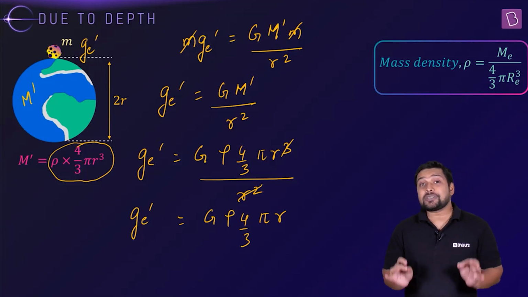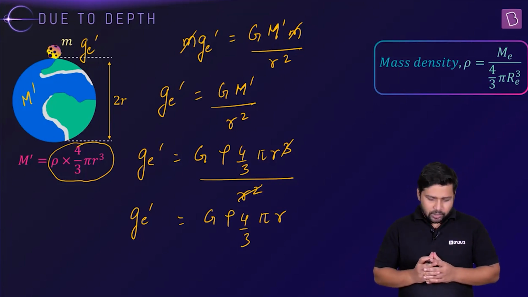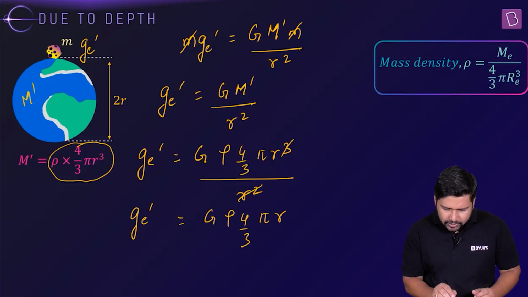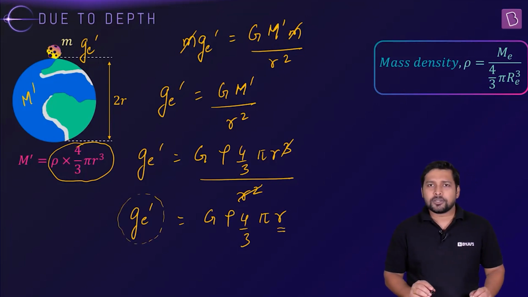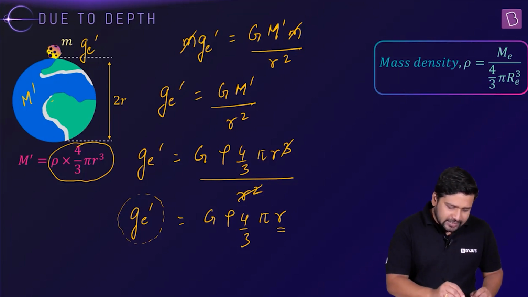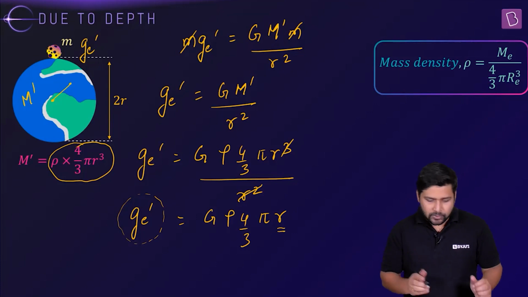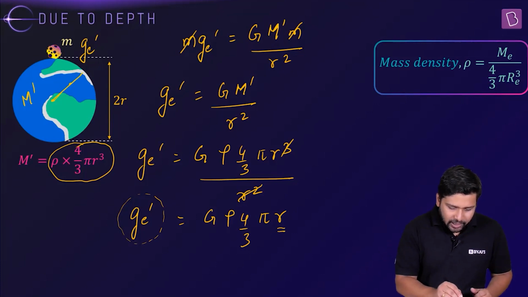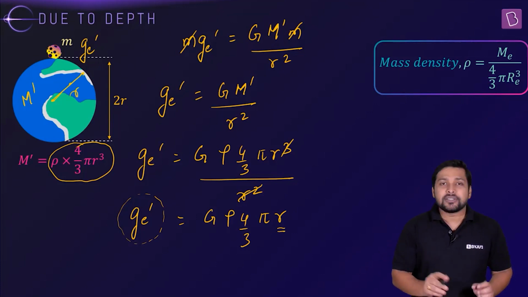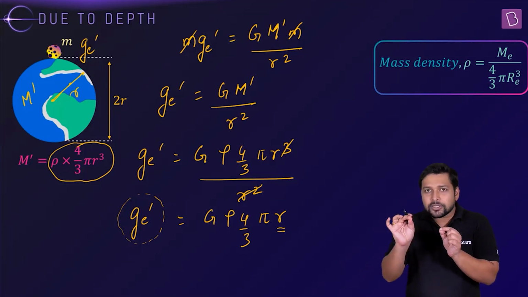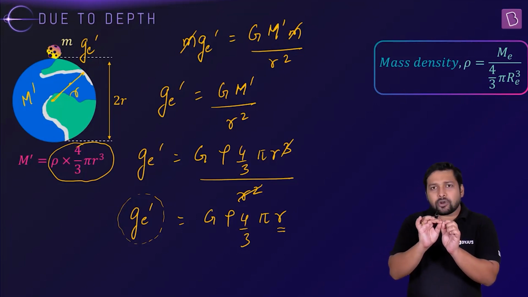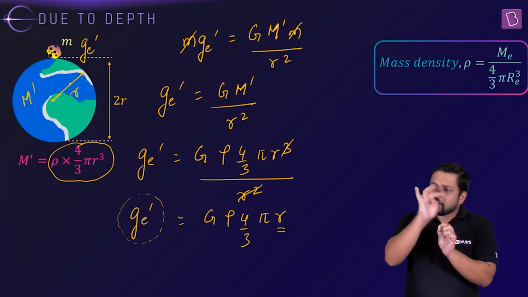Now this is something very important. When you look at this, you see acceleration due to gravity inside is directly proportional to the distance of the point from the center of the earth. This r is the distance measured from the center of the earth to the point where you are.